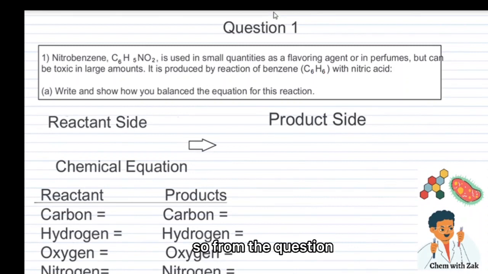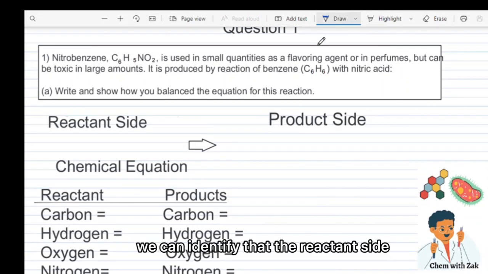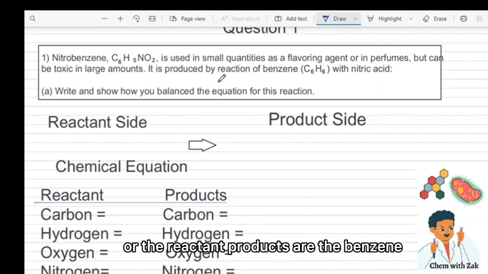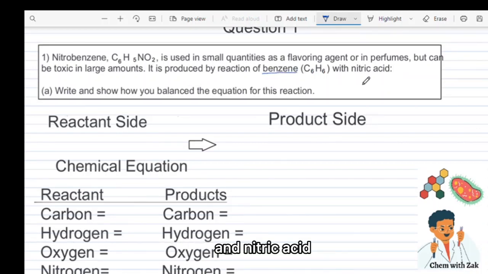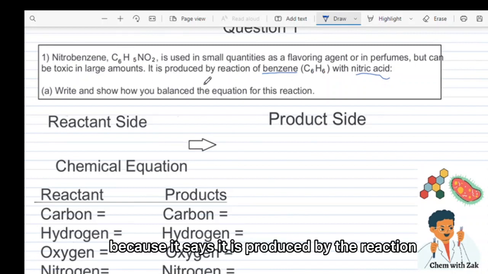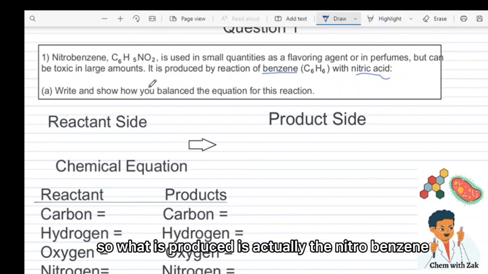From the question, we can identify that the reactant side, or the reacting products, are the benzene and nitric acid. How do you know this? Because it says it is produced by the reaction. So what is produced is actually the nitrobenzene.